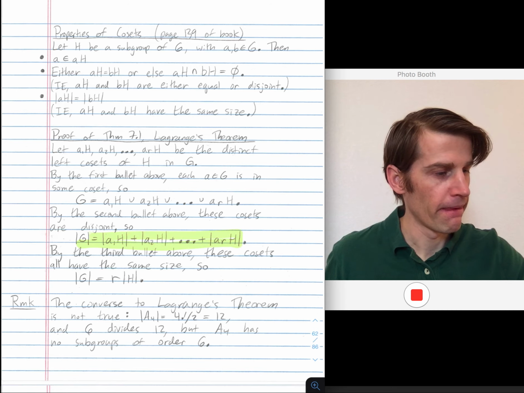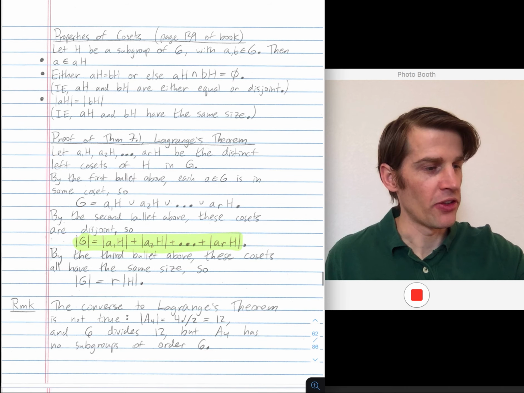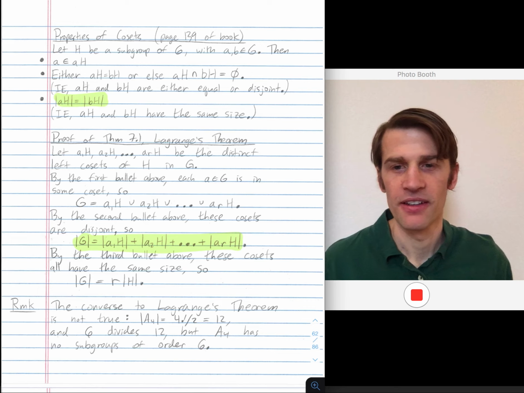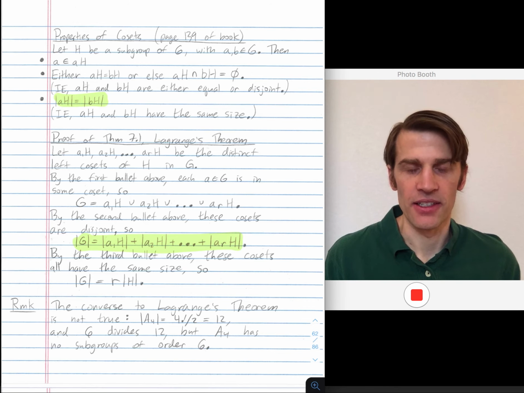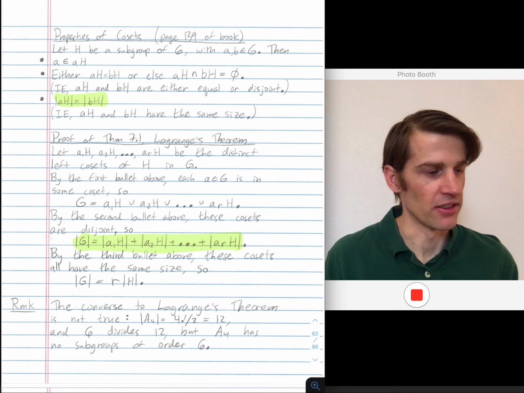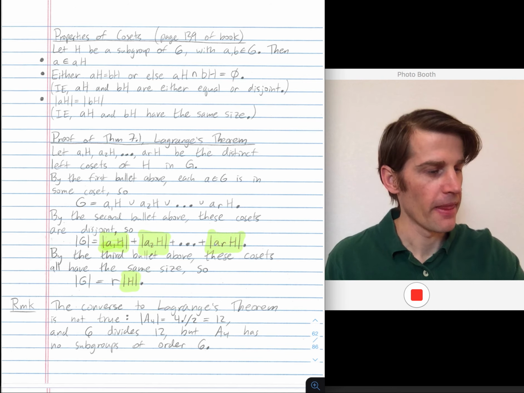And now finally we'll apply the third bullet above. The third bullet says that all of the cosets have the same exact size. What is that size? You'll remember that size is just the size of the subgroup, H. So each of these terms on the left-hand side has the size of H. And how many do I have on this left-hand side?